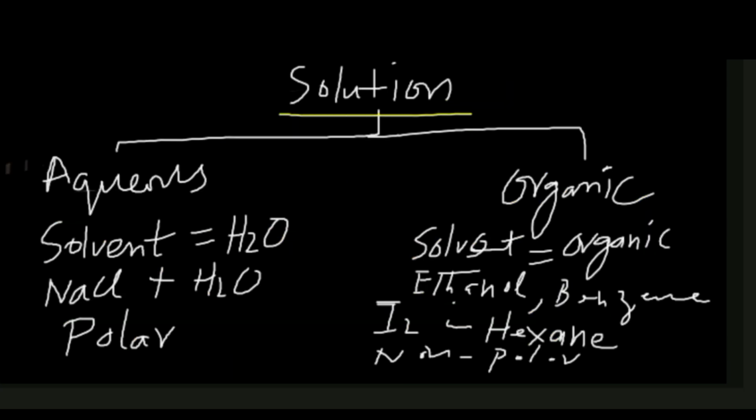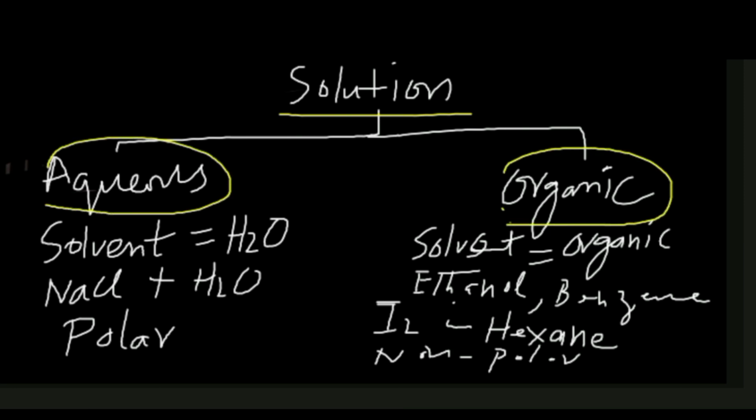Now solutions are also of two types. You can say these are the aqueous solutions, and the second one is the organic solutions. Aqueous solutions are those solutions which are formed by dissolving a substance in water. In this case, the solvent is water.